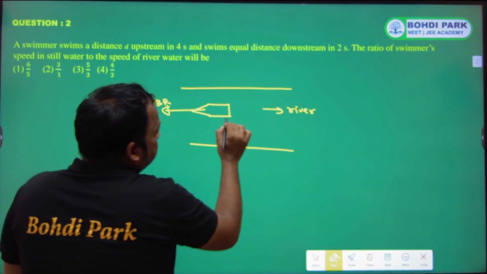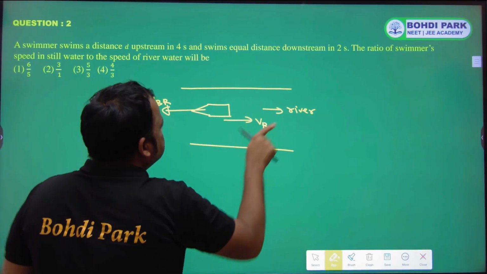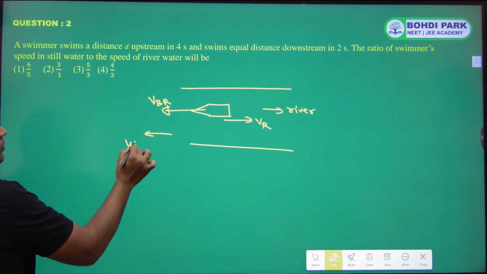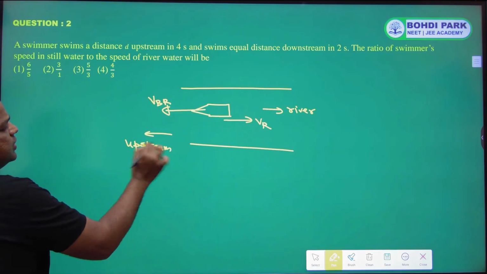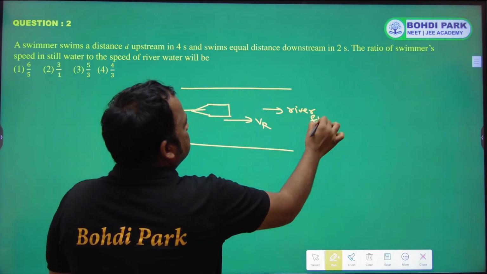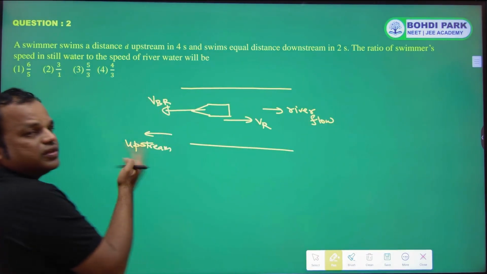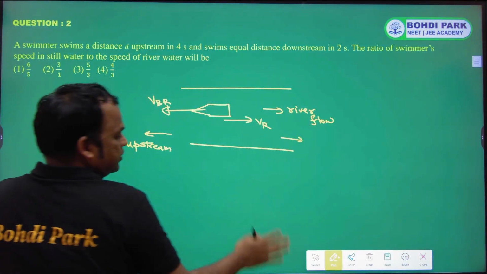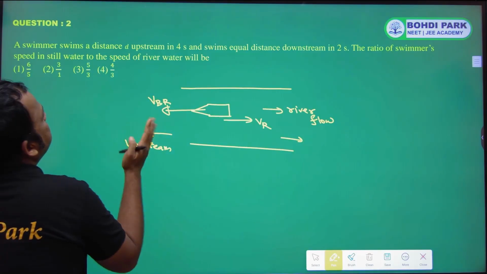River speed is VR, right side, and upstream direction is against the river flow. Opposite to river flow is known as upstream and along the river flow is known as downstream. Okay, so we are talking about upstream.